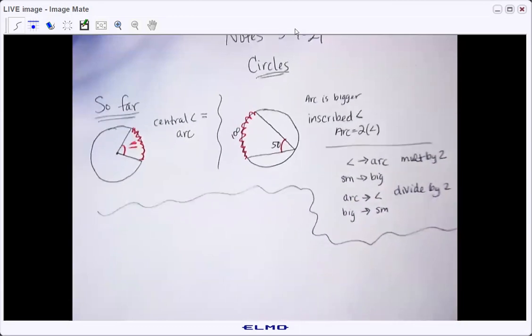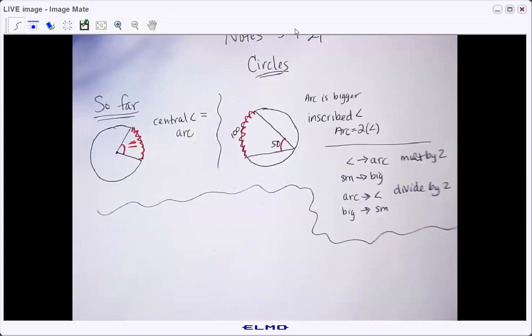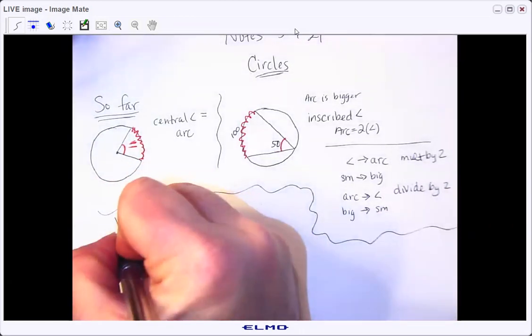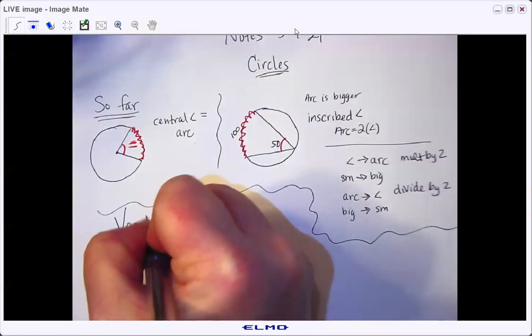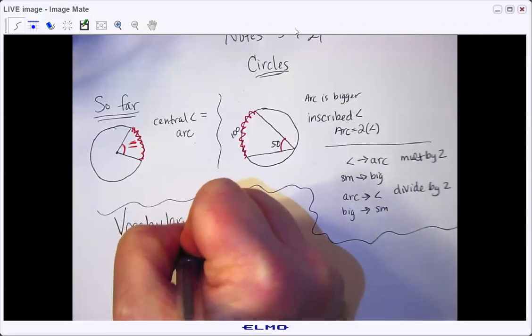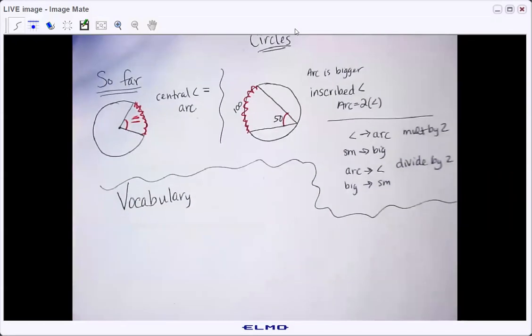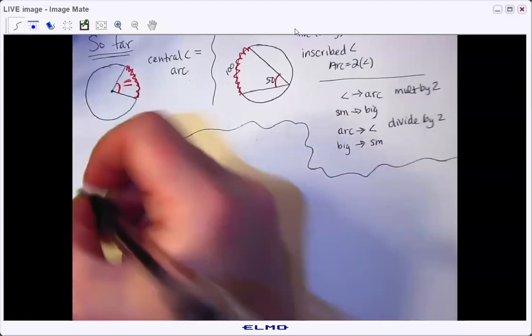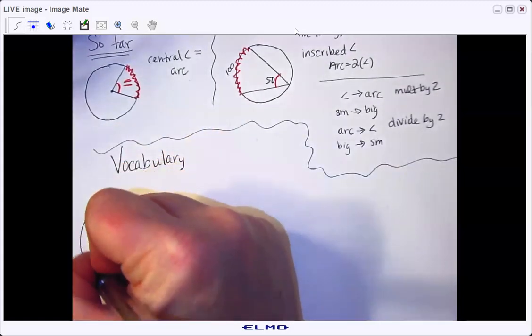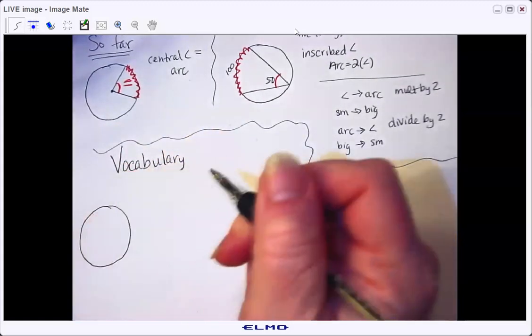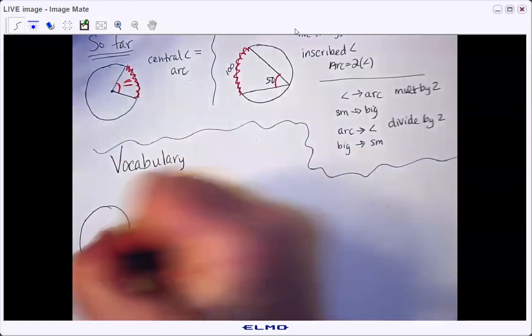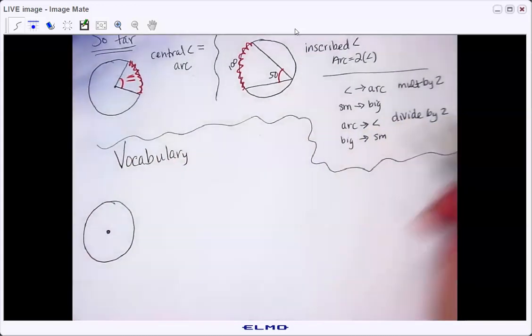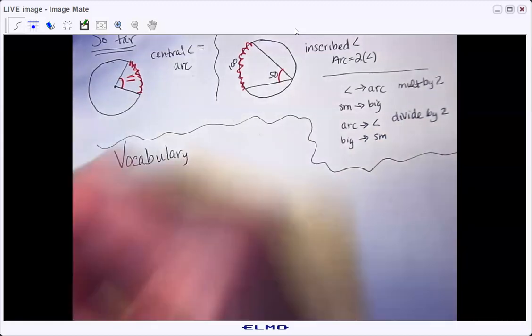Okay. So let's talk about a little bit of vocabulary for a minute. The first one is a chord. So let's say that's the center. Well, this is a line that goes through your circle, but not through the center.